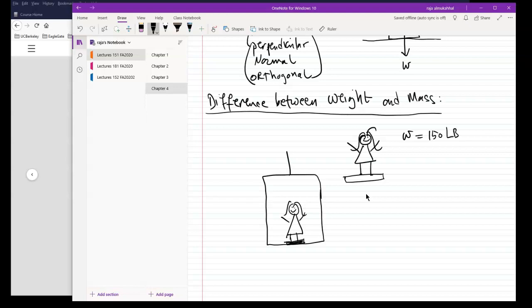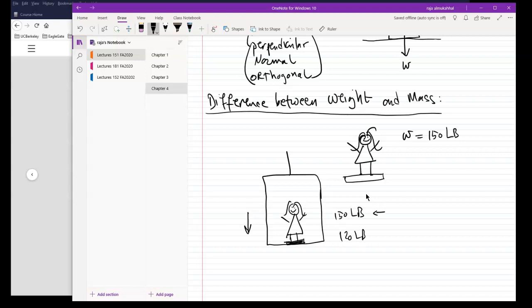You go in there, close the door, and you look at your weight, and it reads 150 pounds. The same thing, there's no difference. Now you push on the button, and the elevator is coming down. As it's going down, the scale is not going to read 150. As a matter of fact, it will read something less, let's say 120 pounds.